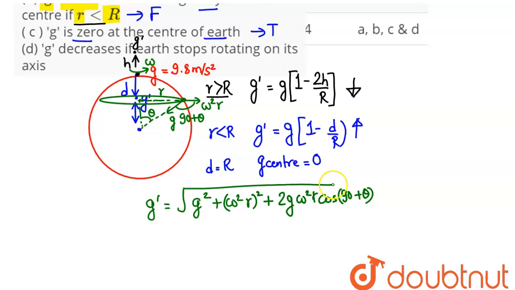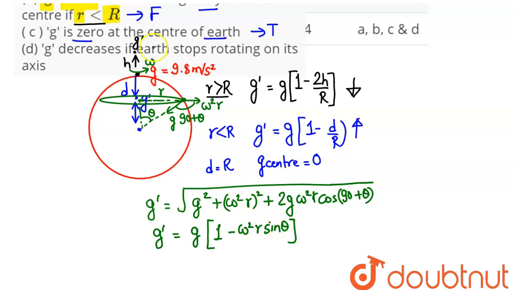Now this omega square part can be neglected. So approximately this result comes out to be g into 1 minus omega square r cos 90 plus theta, which is sin theta.